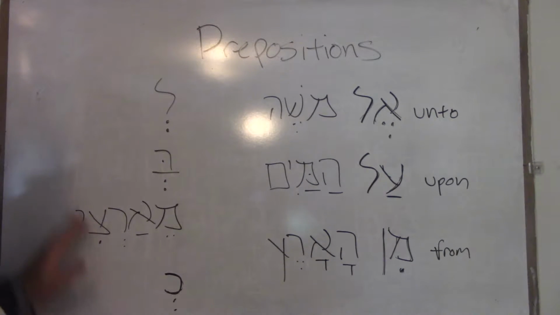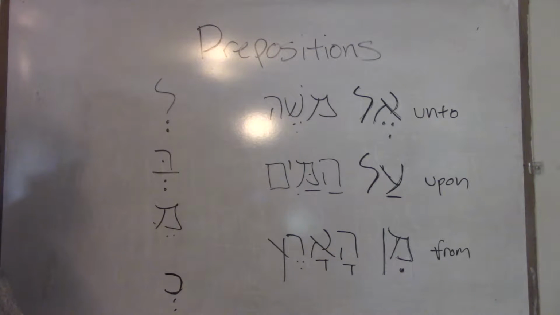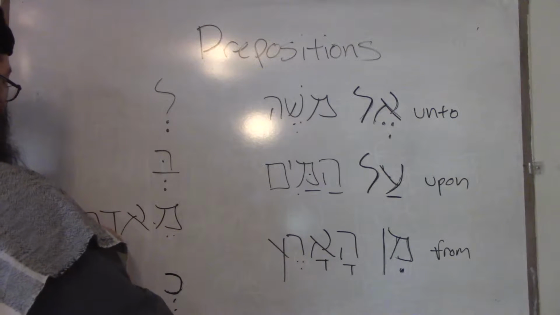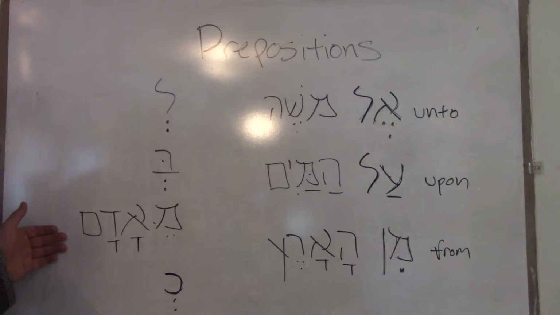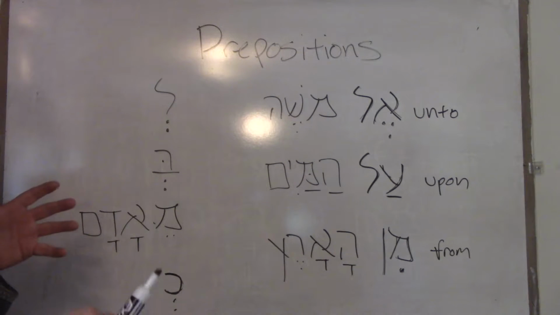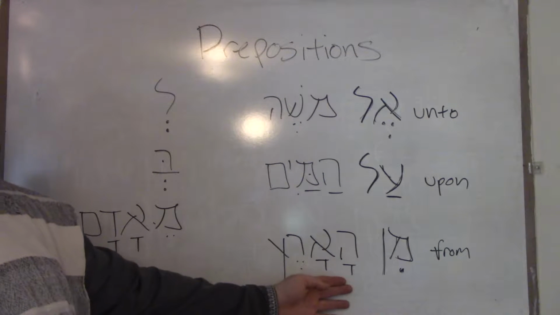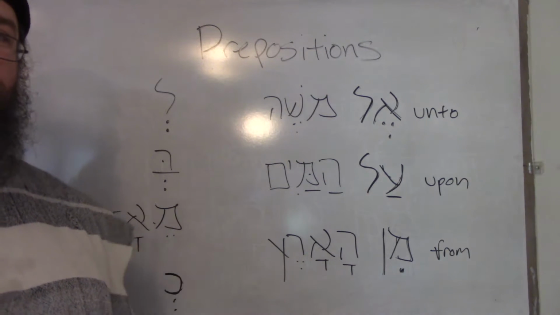The other thing mem is used with is if we use a name. For example, me'adam, from Adam. So with this, we can have a few things happen here. Number one, we can have the definite article with our noun, and we have a separate preposition.